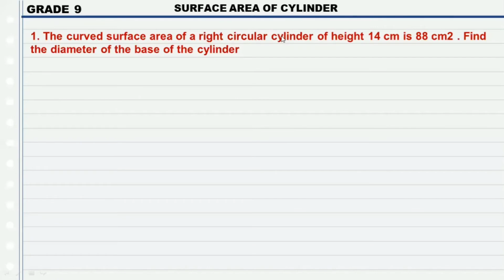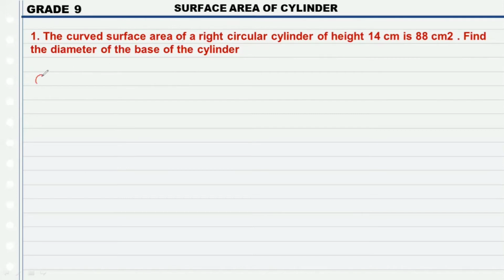Now here in this question, it says that the curved surface area of a right circular cylinder of height 14 centimeter is 88 centimeters square. Find the diameter of the base of the cylinder. First thing students given to us is curved surface area.